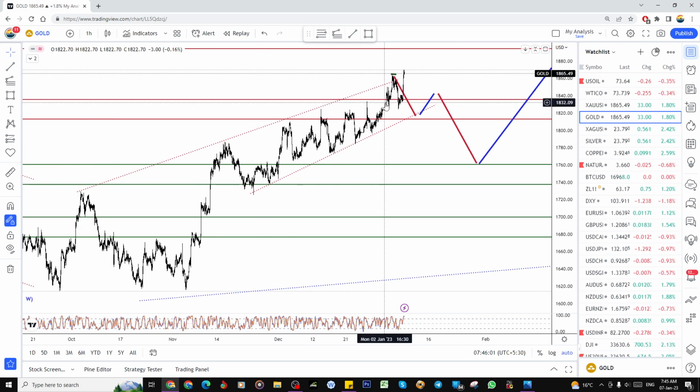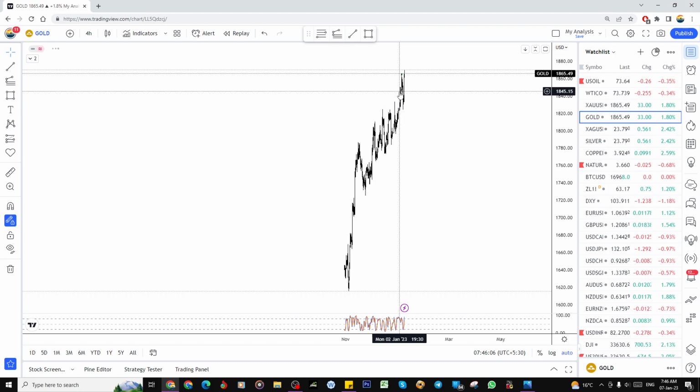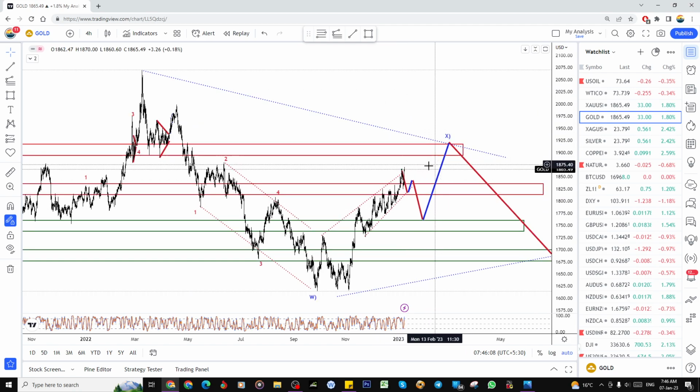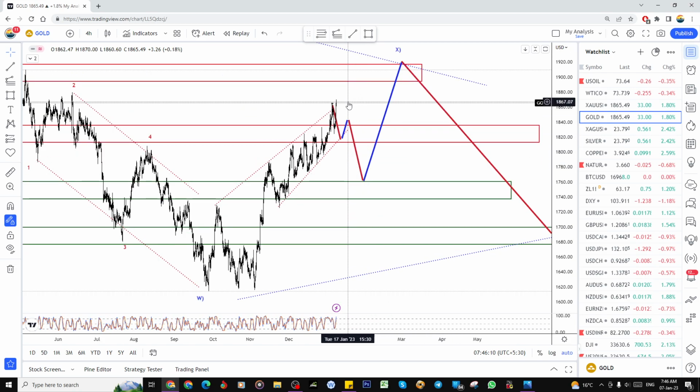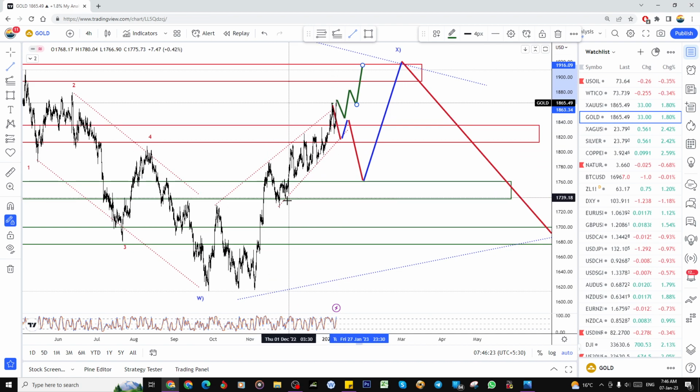So this was the plan I did previously. This is the one, but it has already broken the previous high also. So what is it going to do, like this, or like this? It's looking like a diagonal pattern, a corrective move, and a rising wedge. If it breaks this, the drop should be aggressive.